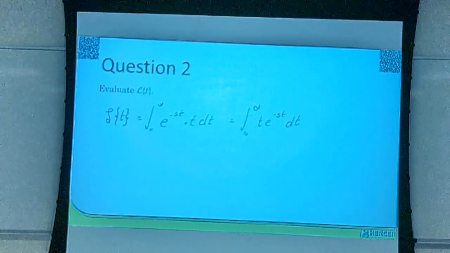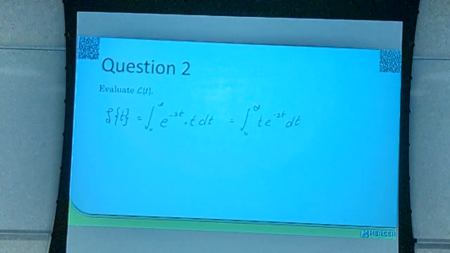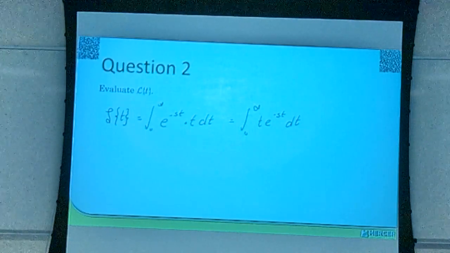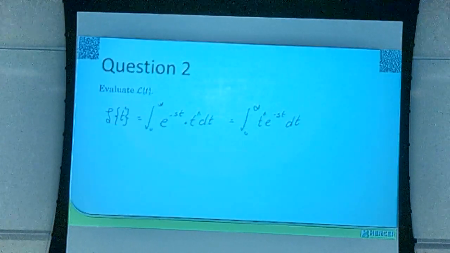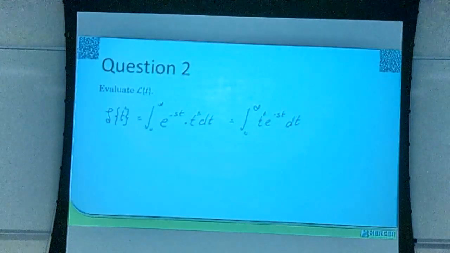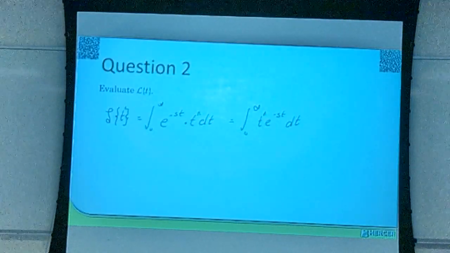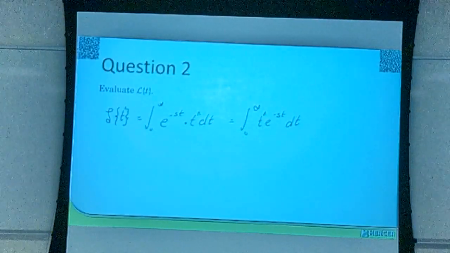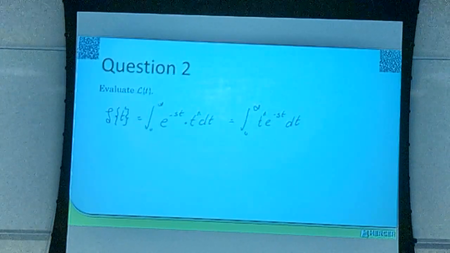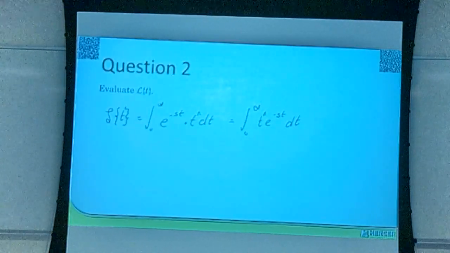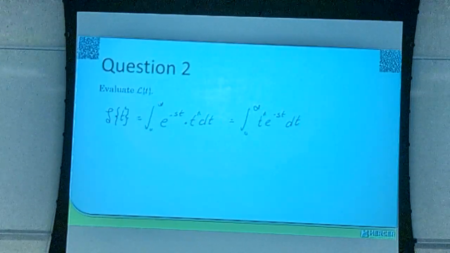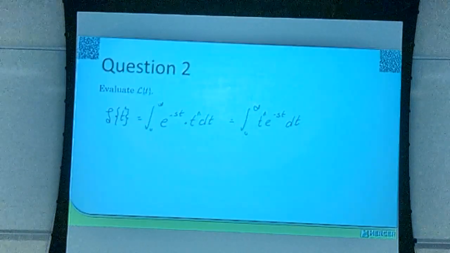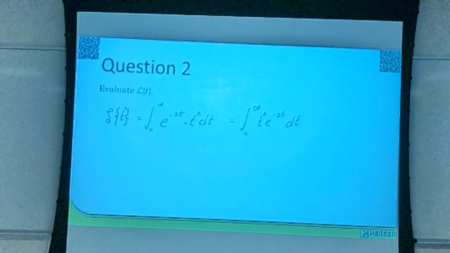Here's why t to the n would be a pain. Then you have integration by parts multiple times. It's always e to the negative st times your function.